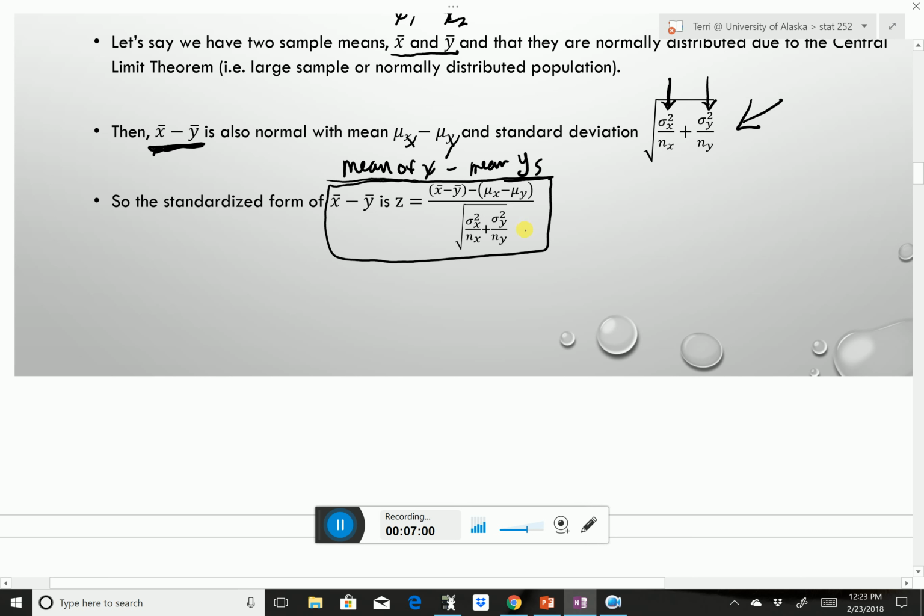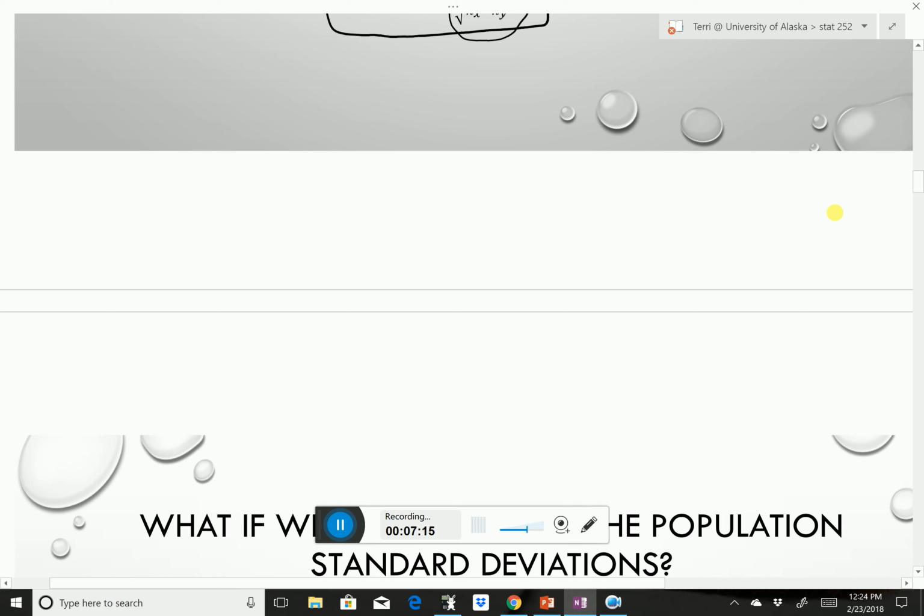And then we divide it by the standard deviation. So remember, we have the normal variable minus its mean divided by its standard deviation. That standardizes something. All right, let's move on.